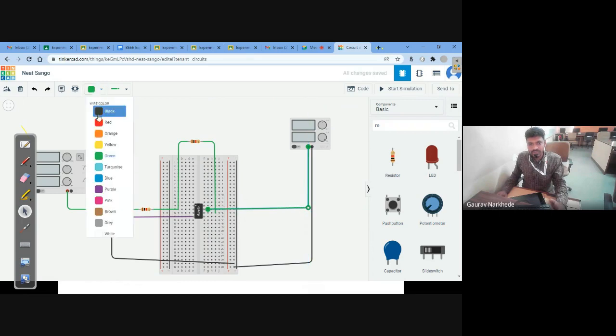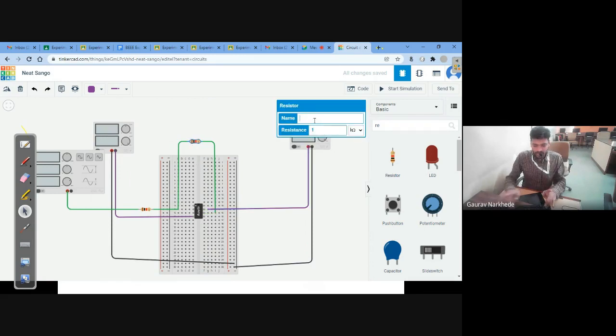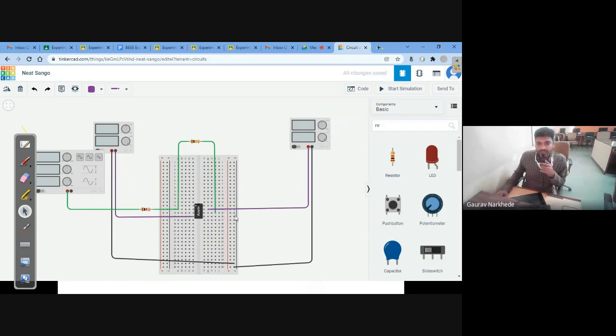This is connected to output terminal pin number 6. If we see the dot, you can see pin number 1, 2, 3, 4, 5, and 6. Here the output terminal we have connected, and let me name this RF and call it 10 kilo ohms, and this is R small in, 1 kilo ohms.